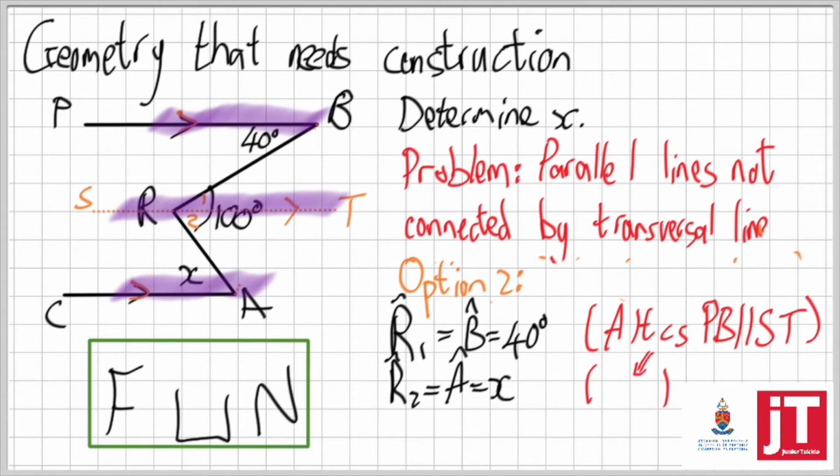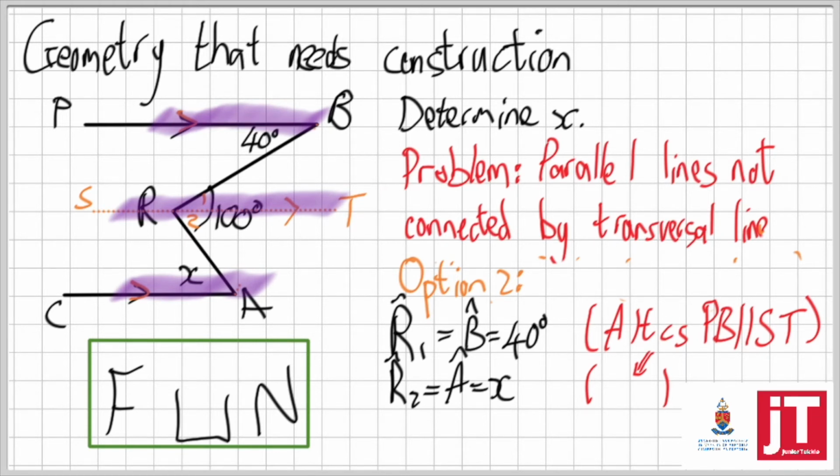And with the same reason. Please don't write this like this in the exam. I'm just running out of a bit of space on my whiteboard. But please write out alternate angles, but now it's not PB parallel to ST, but AC parallel to ST. Why do we do this?